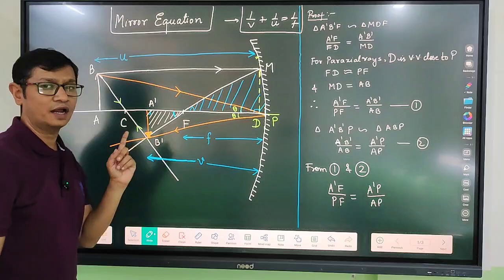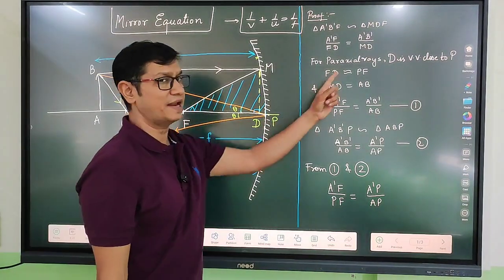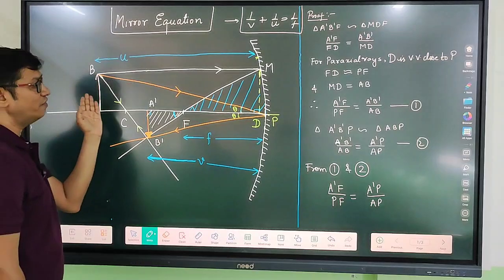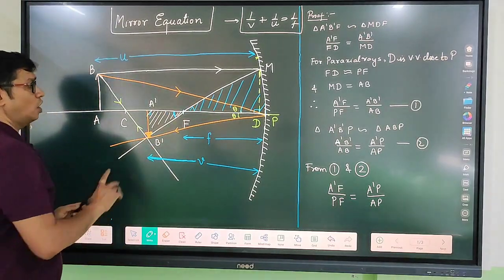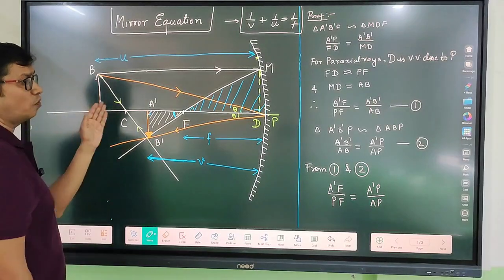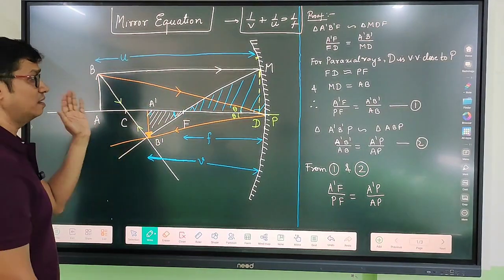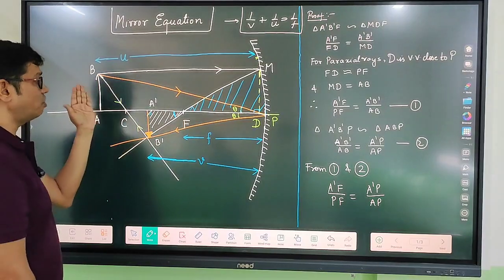Now here we are going to take some approximation. We are talking about paraxial rays. Paraxial rays are the rays which are very, very close to the principal axis. Now I cannot draw a ray which is very, very close to the principal axis because otherwise this diagram will look very clumsy, so I have to make it a little far away, but we are doing this derivation for paraxial rays.